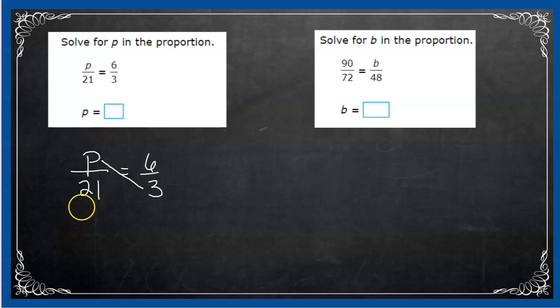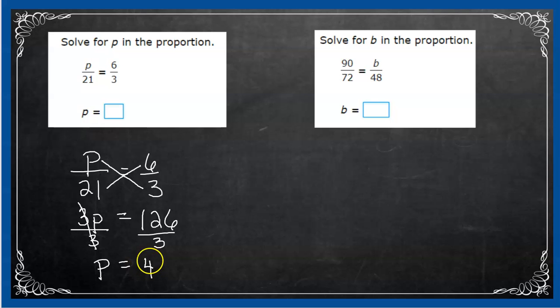P times 3 is 3P. 21 times 6 is 126, okay? And then I'm just going to divide both sides by 3. It's just a one-step equation. That's going to be P equals, let's see, what is 126 divided by 3? That is 42.